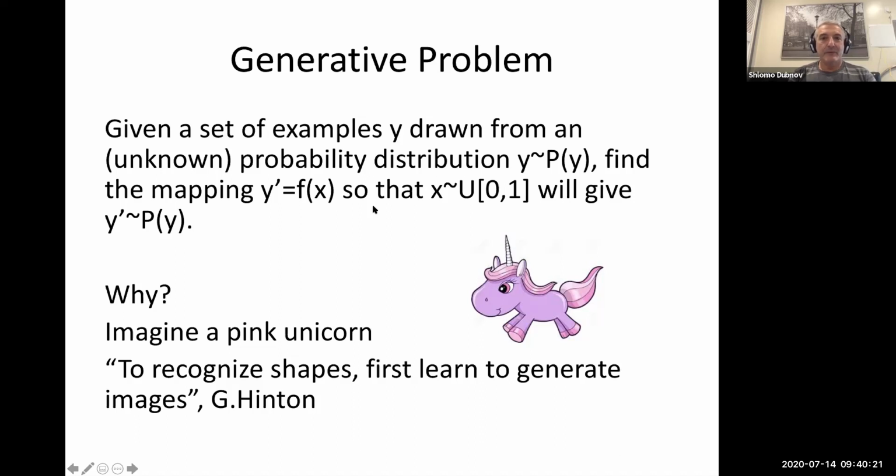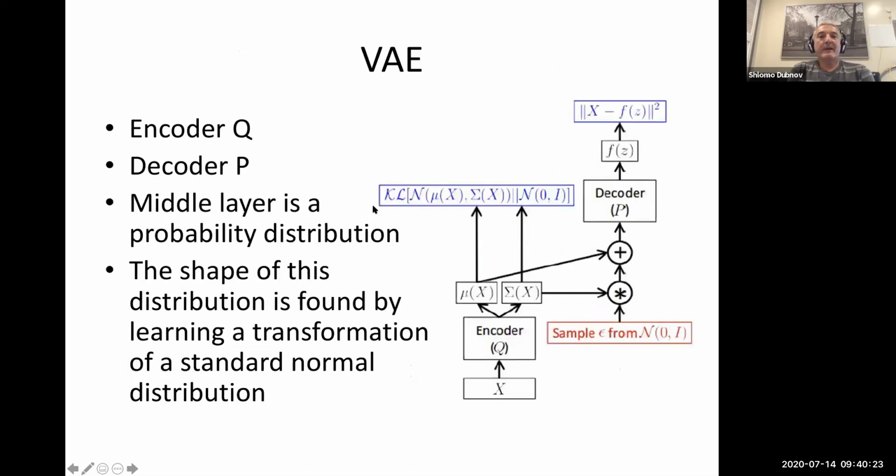So moving on with this idea, the generative model in the variational autoencoder. I'm going to jump right into the variational autoencoder here. It keeps this idea of encoder-decoder that we have seen yesterday.